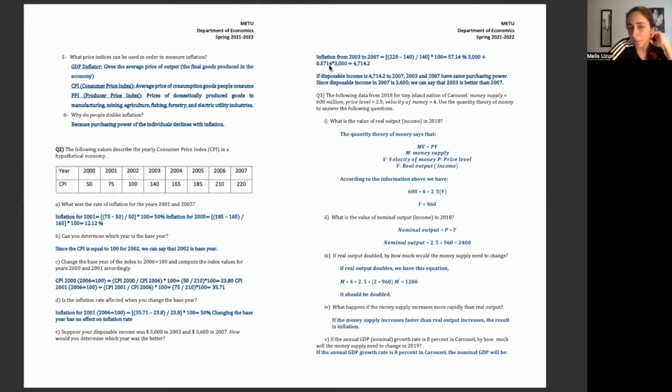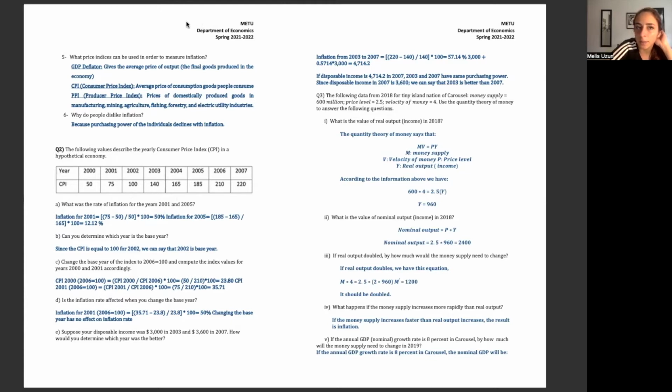So we can calculate inflation from 2003 to 2007 using this information of the CPI. So 2007 CPI is 220 and 2003 CPI is 140.